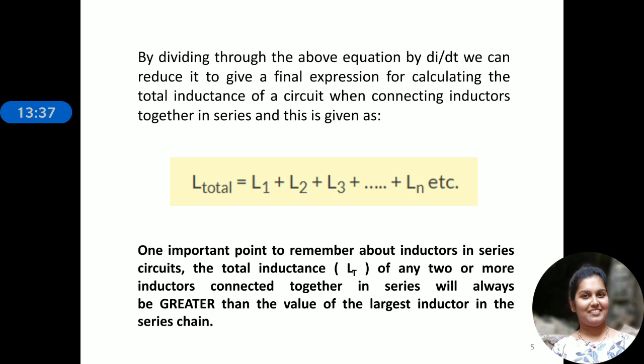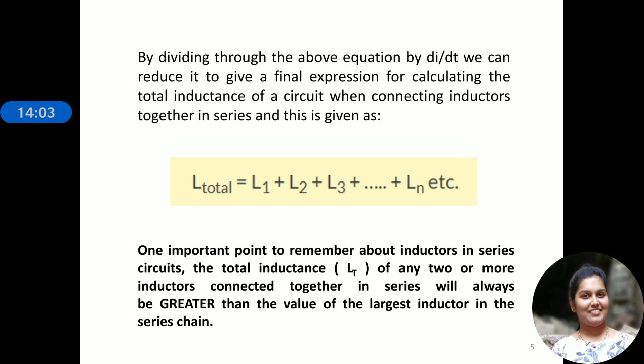One important point to remember: the total inductance Lt of any two or more inductors connected in series will always be greater than that of the largest inductor in that series combination.